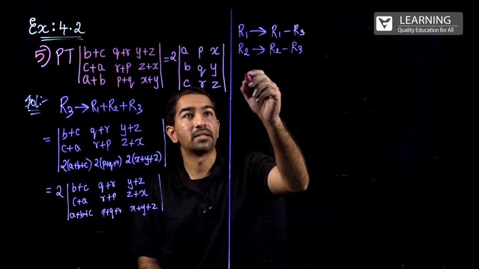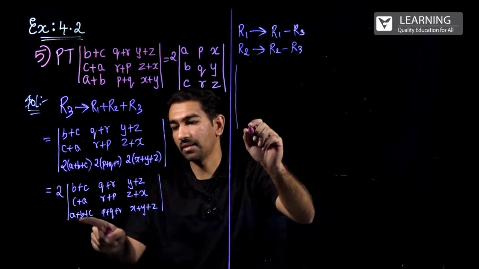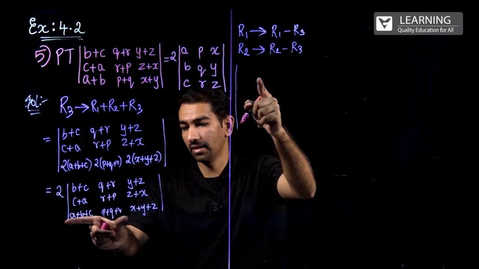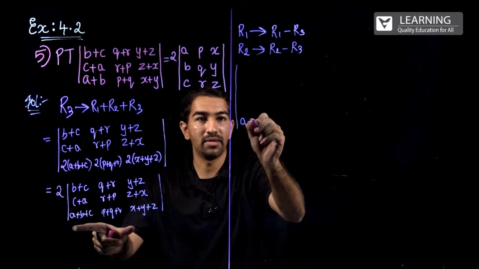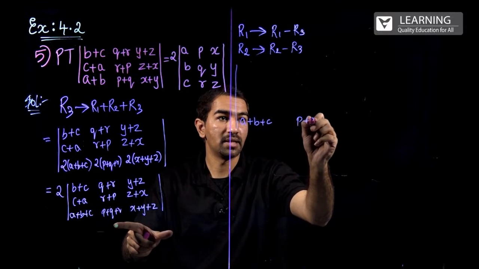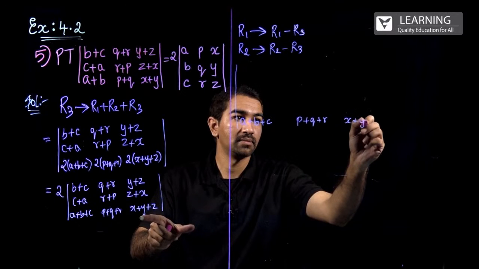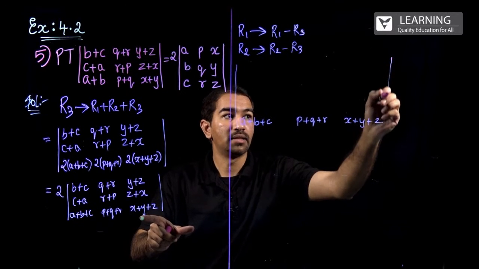So we'll operate this now, which will be written as R3 as it is, correct? R3 we are not operating anything. Let us write R3 as it is. So here we'll write A plus B plus C, P plus Q plus R and X plus Y plus Z. R3 is done.